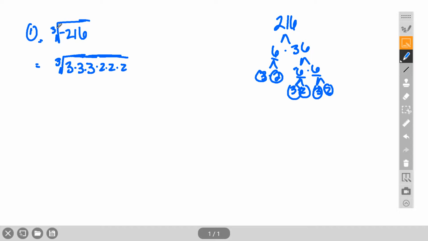So the index of 3 tells us that we need 3 of the same thing to come to the outside. So here we need 3 3's, so that brings a 3 to the outside. So a 3 comes to the outside, and then I also have 3 2's. Those are gone. So 3 2's brings a 2 to the outside, and everything's gone.